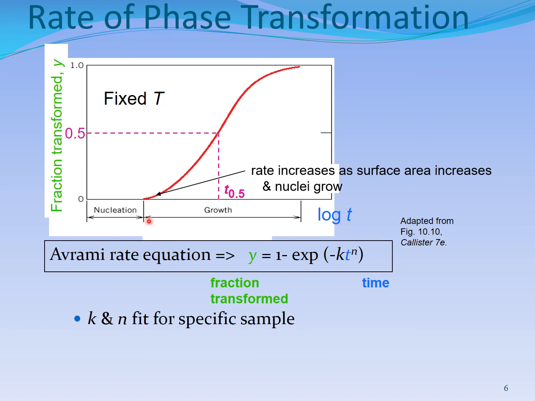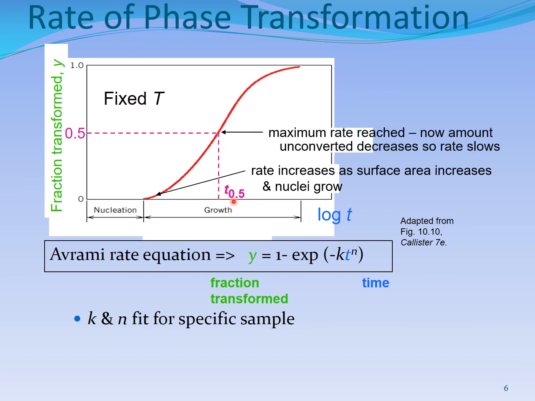So if this is some time, we want to find 50% transformation. So hit this curve and find the time. So this is the time for 50% transformation. If you want 40%, then take 0.4 here, hit the line and see how much time it will take.